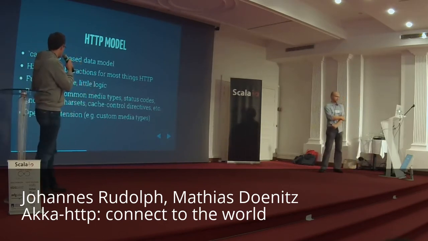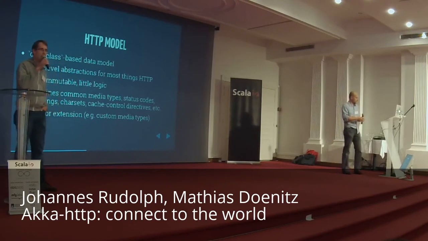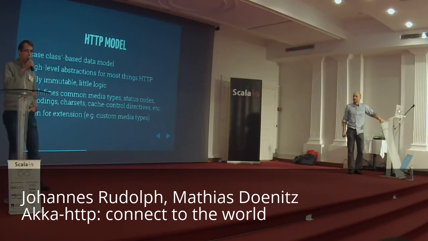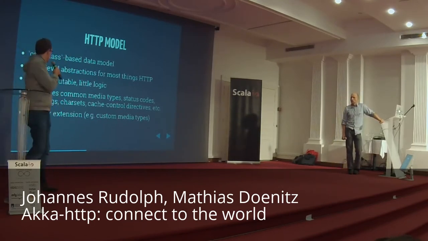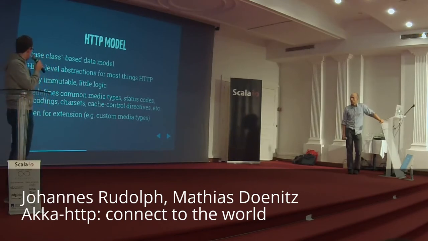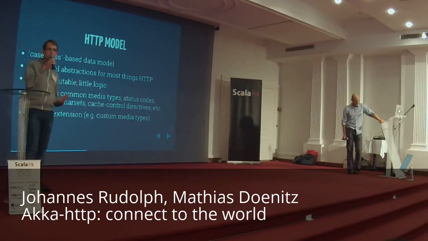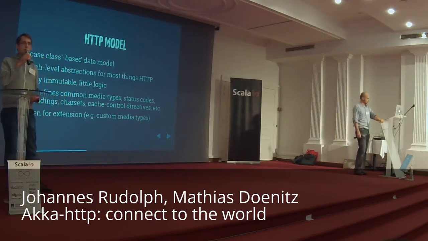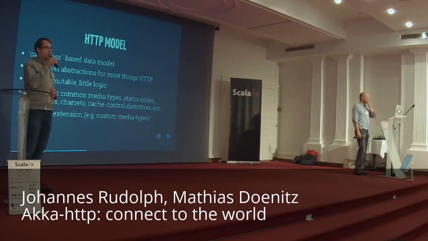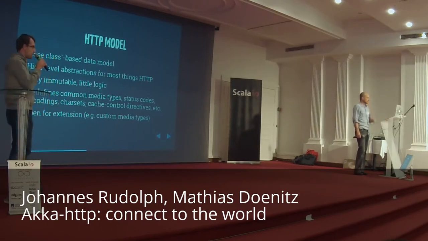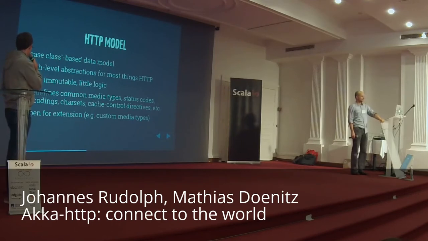So what we try to do is to write an idiomatic Scala model of all the things which are in HTTP. So basically it means that we have case classes for many of the entities: the request, the response, the headers, status codes, HTTP methods, modeled as case classes.